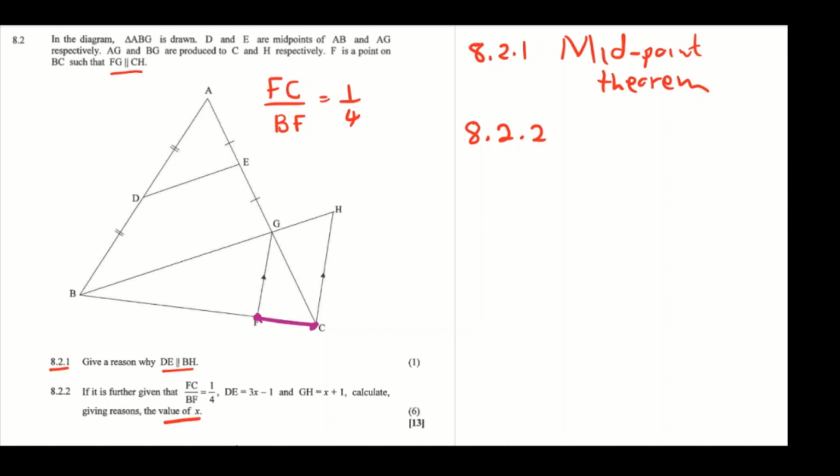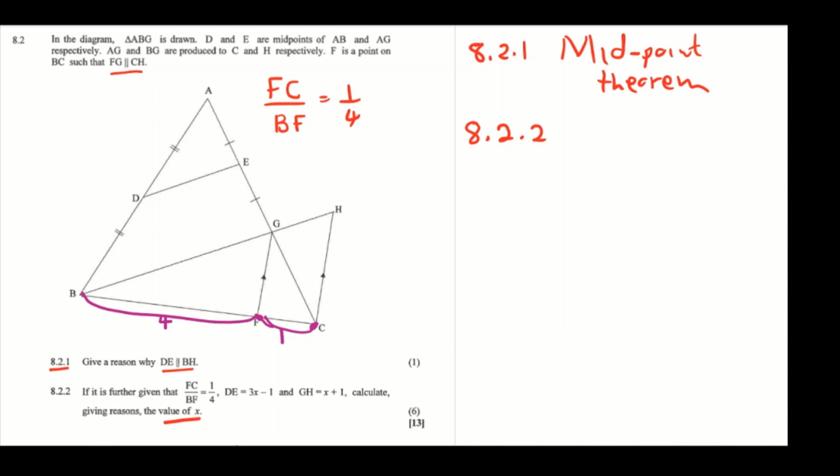So you're just going to say it's 1 here, because it's FC. And then BF is 4, right? So from here to here, it's 1, and then from here to here, it's 4.